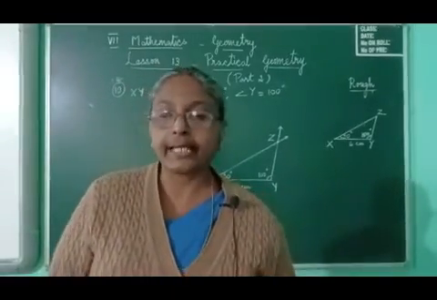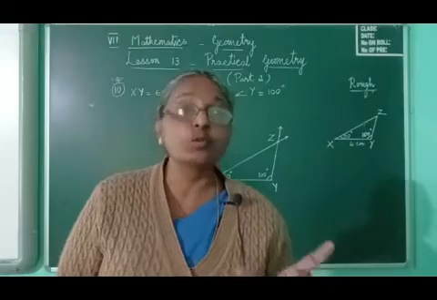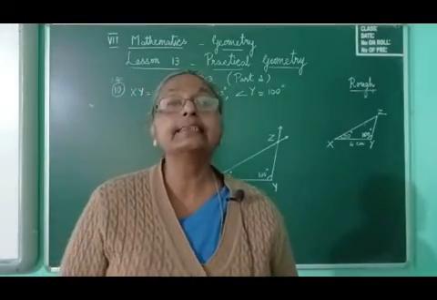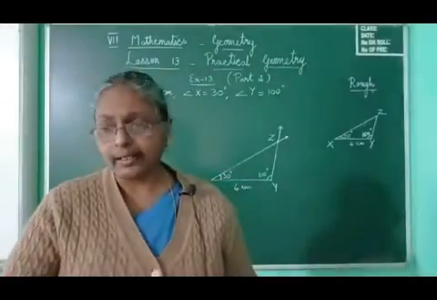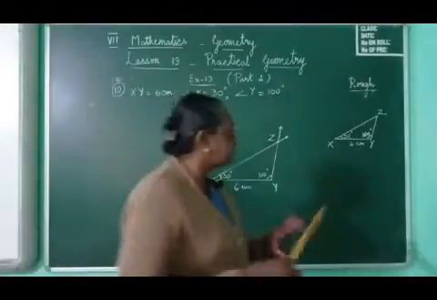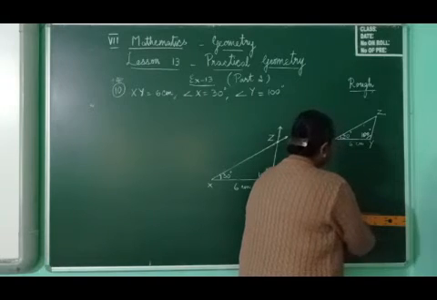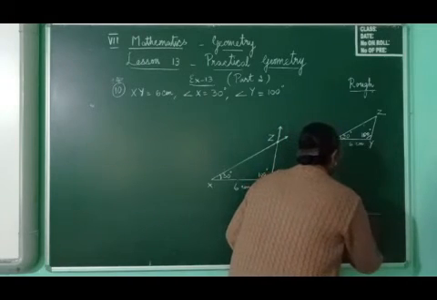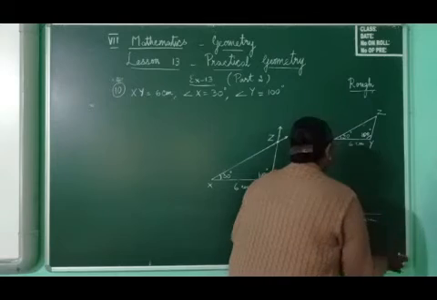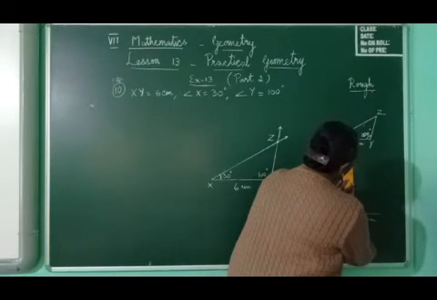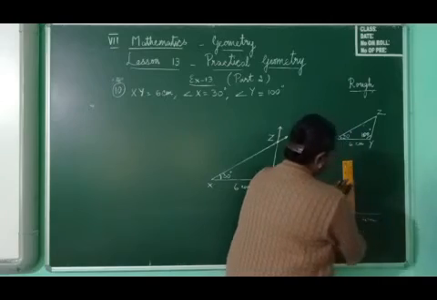That base you can take as one of the sides whose length is given. That length is given to be 4 centimeters. So you can draw a rough figure of length 4 centimeters and then you can draw the hypotenuse. Before drawing hypotenuse, you need to draw 90 degree line.